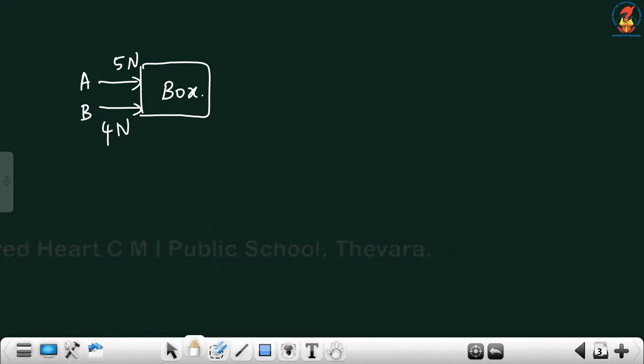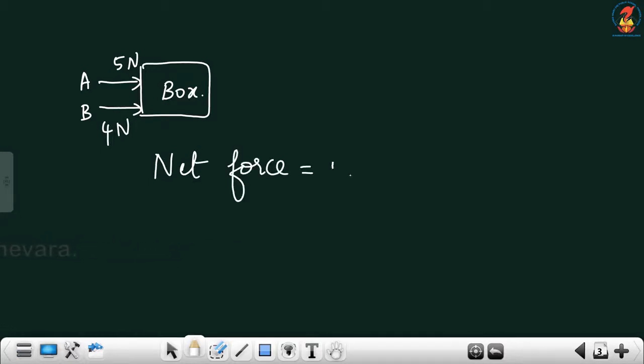How will you find the total force? We need to add both the forces. So, net force equals 5 Newton plus 4 Newton, that is equal to 9 Newton.